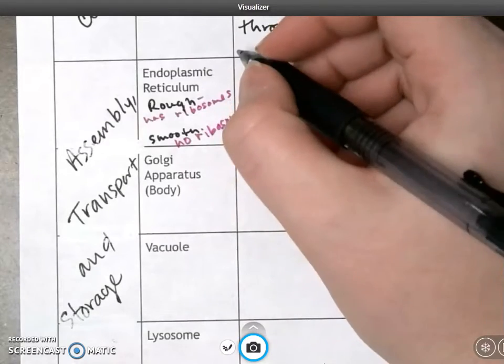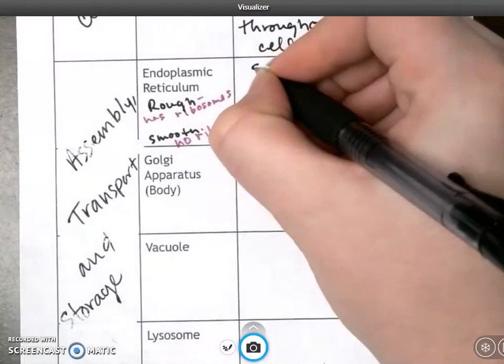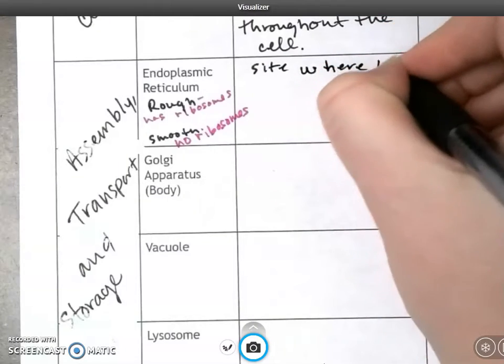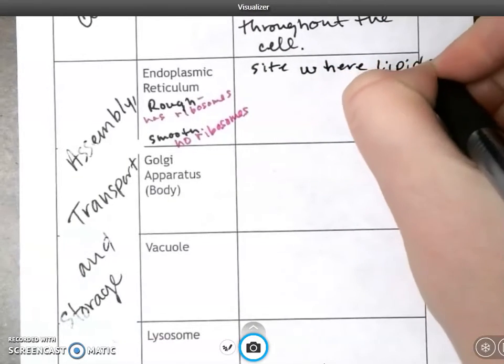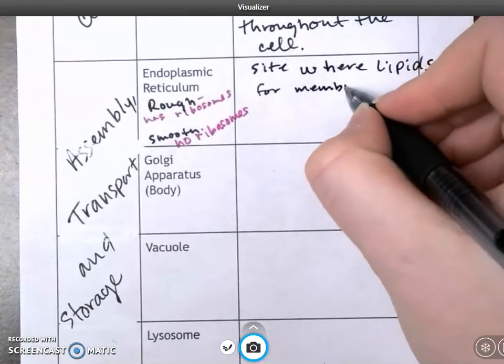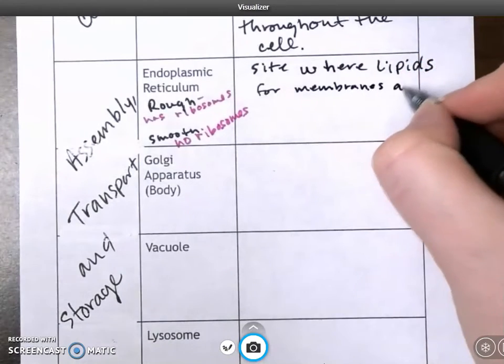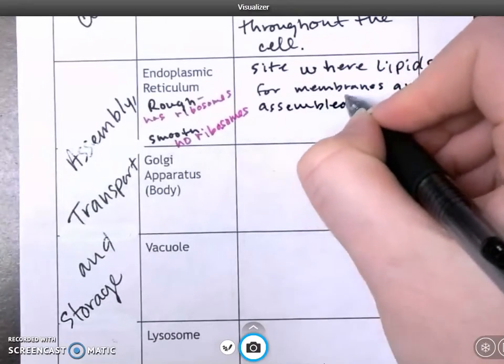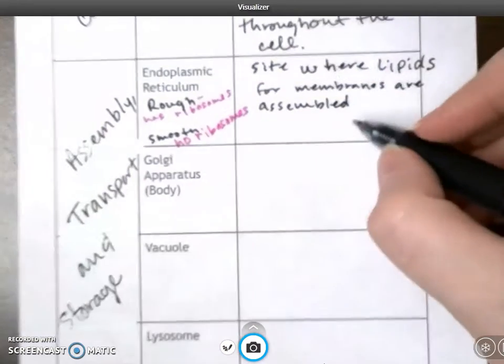So, let's see, site where lipids or membranes are assembled along with proteins.